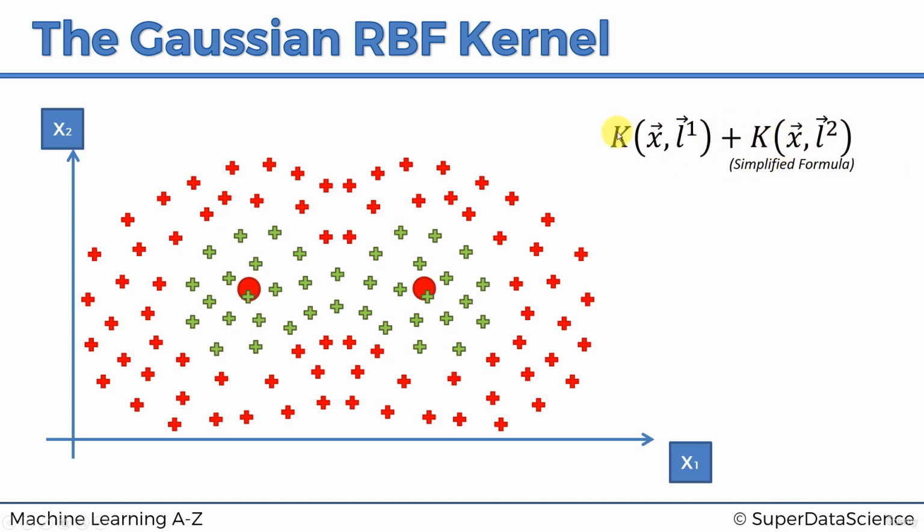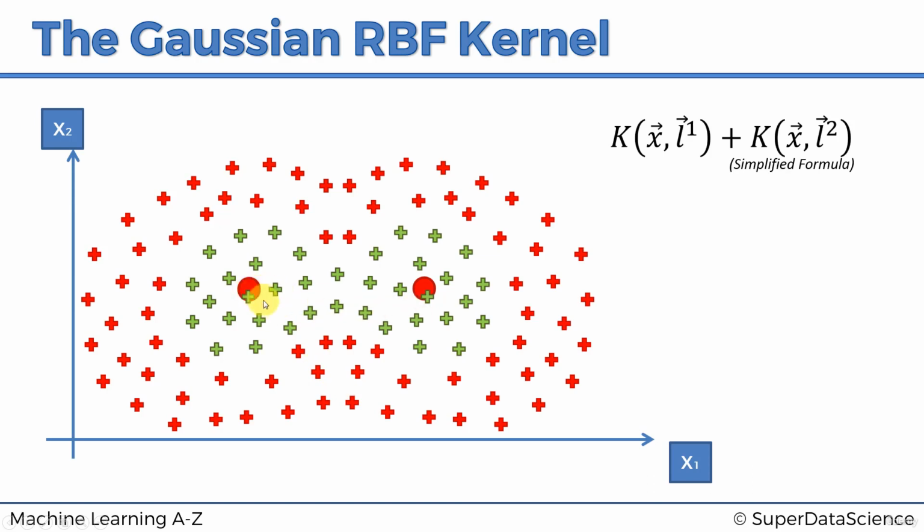In reality, there have to be coefficients, theta here and another theta before, with the kernel formula. It's a bit more complex than that, but in simple terms, if you take two kernel functions and you just add them up, then because the value of the function becomes 0 when you get further away from landmark 1, they don't really interfere.